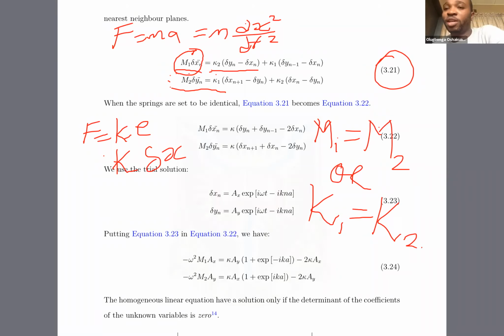By doing that, the problem would be simpler. In this scenario, you'll notice that from equation 21 to 22, we no longer have kappa 1 or kappa 2. What we now have is kappa. We have made kappa 1 equal to kappa 2, and mass 1 not equal to mass 2. So by taking kappa 1 equal to kappa 2, we can replace all the kappa 1s and kappa 2s in equation 21 with kappa in equation 22, and that makes it a whole lot simpler.